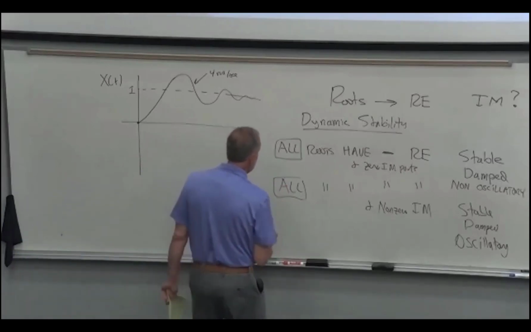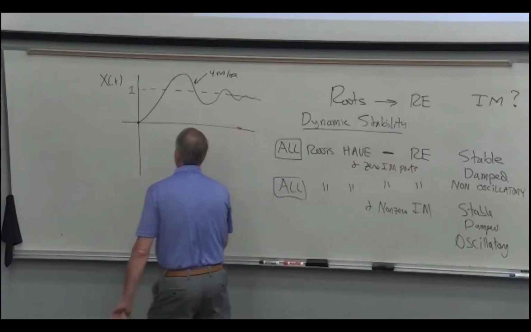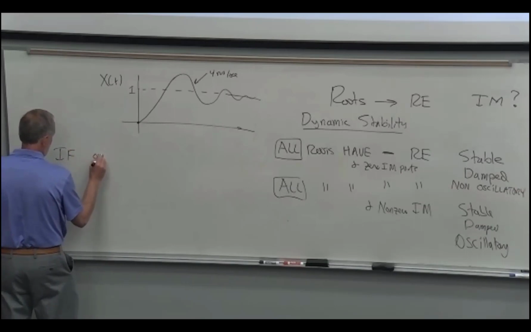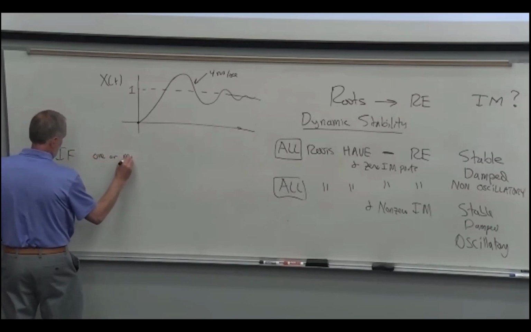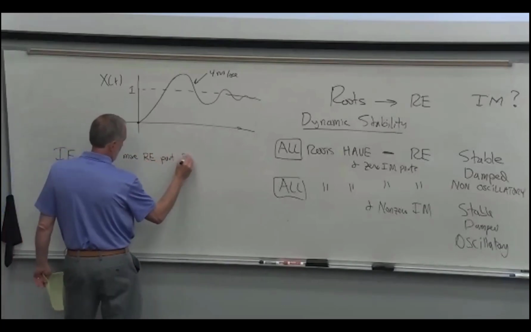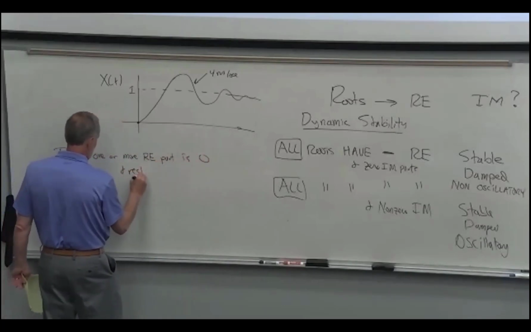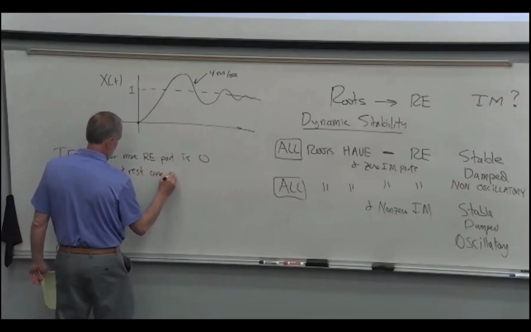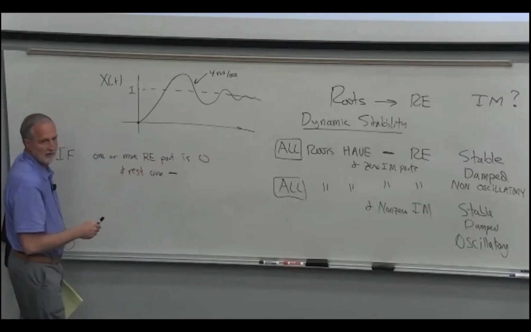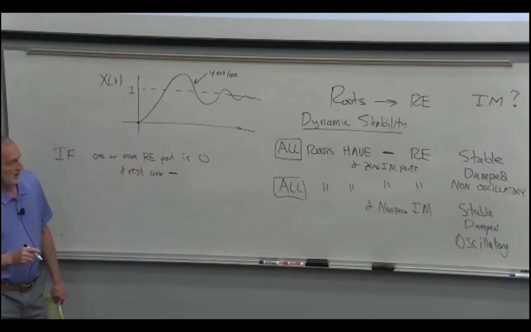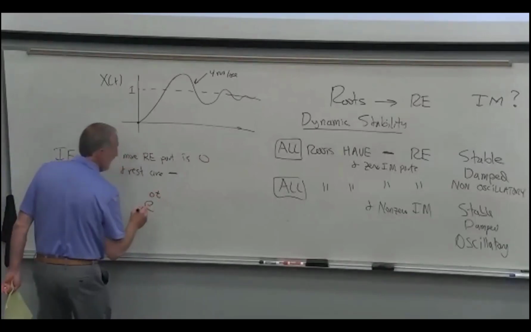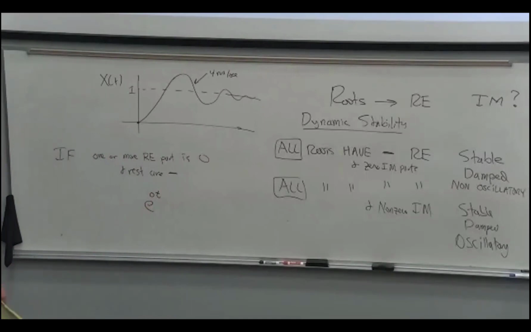If one or more of the real parts are 0 and the rest are negative, then what does that mean? What that means is we have e to the 0t. It doesn't blow up, but it doesn't damp out.